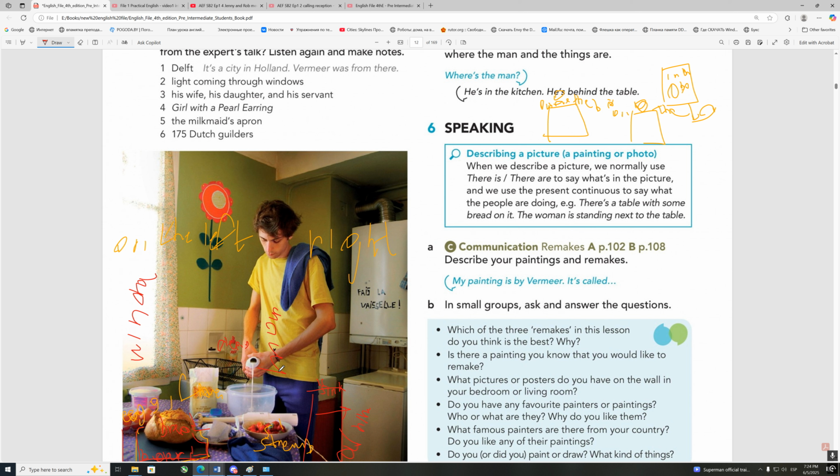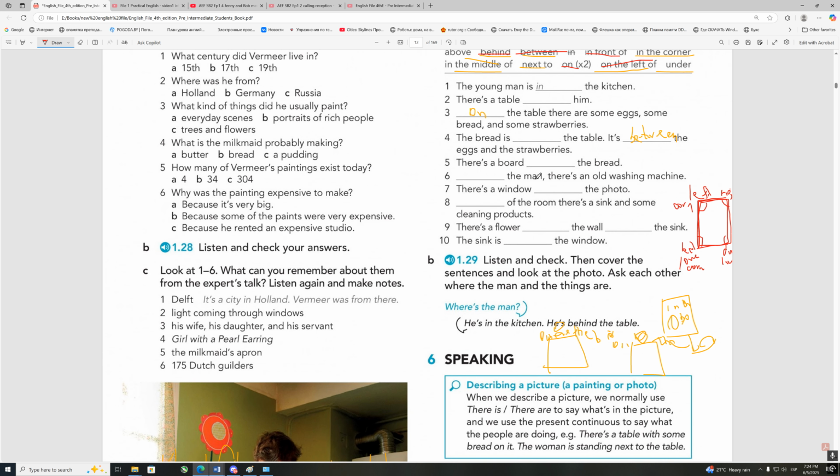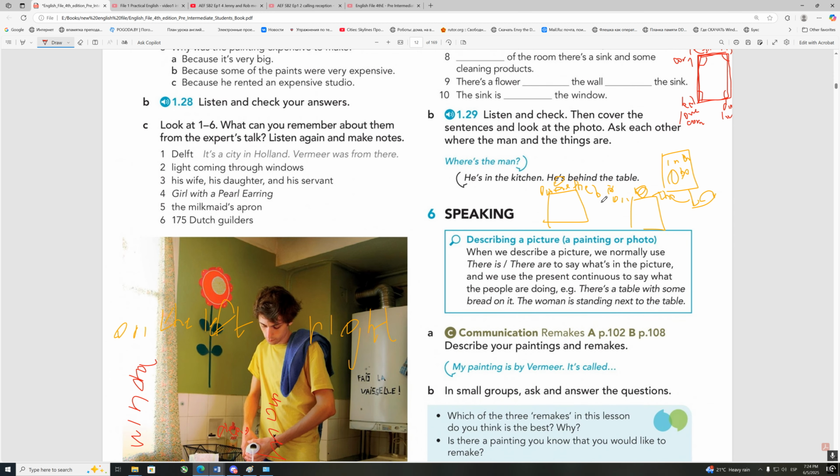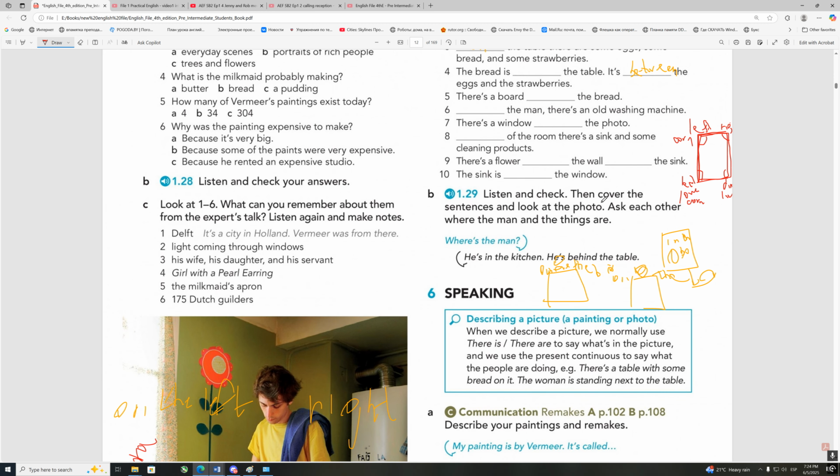So the room, I will give you a small hint. The sink is in one of the corners. But you don't need to know. Okay, I practically gave you the hint. Of the room, there is a sink and some cleaning products.